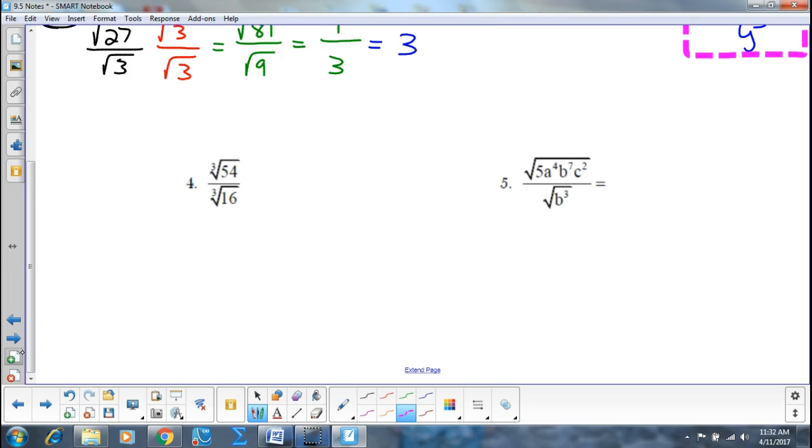Down here, I would simplify first. So this would be the cube root of 27 times the cube root of 2, because 27 times 2 is 54. This one would be the cube root of 8 over the cube root of 2.